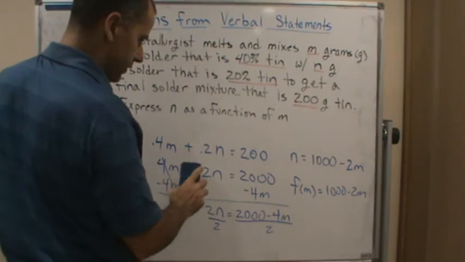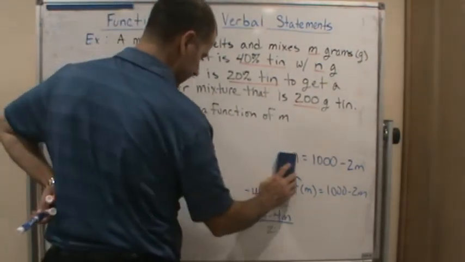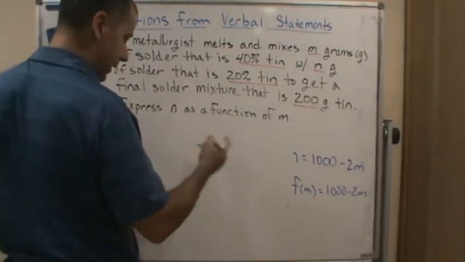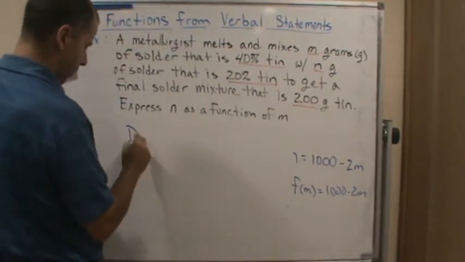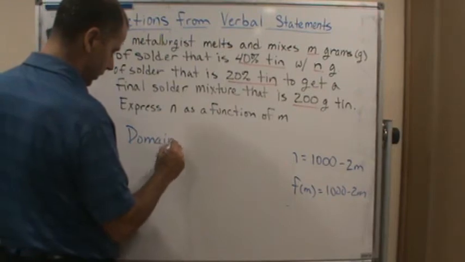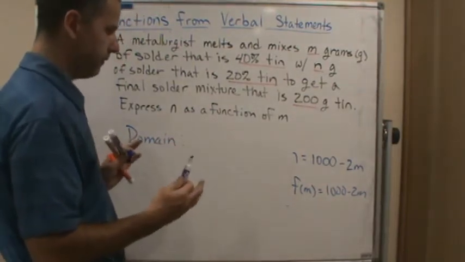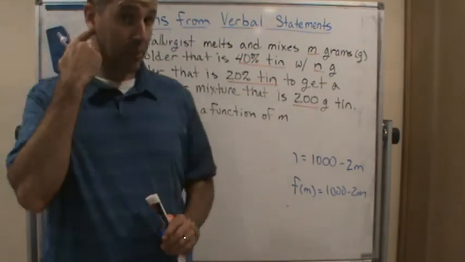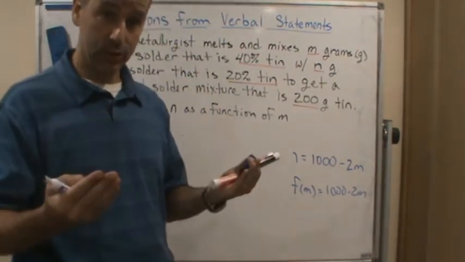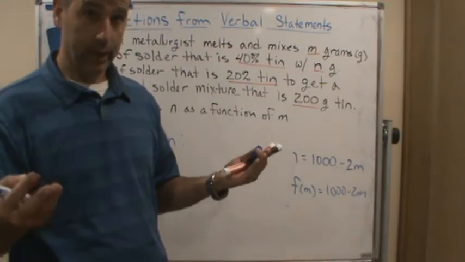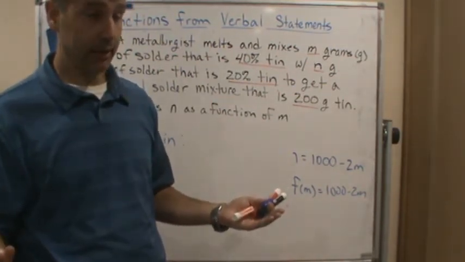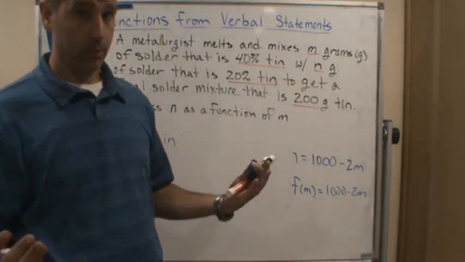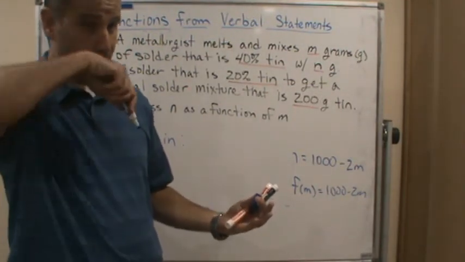So let's talk about the domain. I'm going to erase this. Okay, so we've got the function there. So what's the domain? In other words, what are all of the values of m? Well, remember m and n represent amounts of solder. Can't have negative amounts of solder, right? So m and n both have to be greater than or equal to 0.